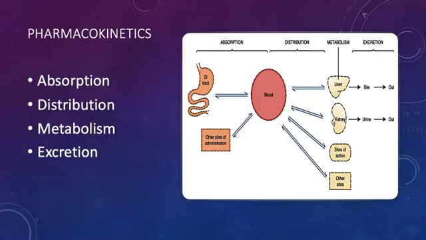So then again, by distribution, the blood is carrying medications to the site of action, depending upon the mechanism of action for those medications. But the blood can also carry medications to other sites. It can carry medications to the kidney or liver, depending upon what the approach is.